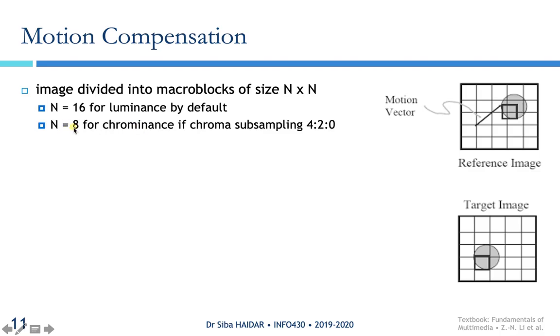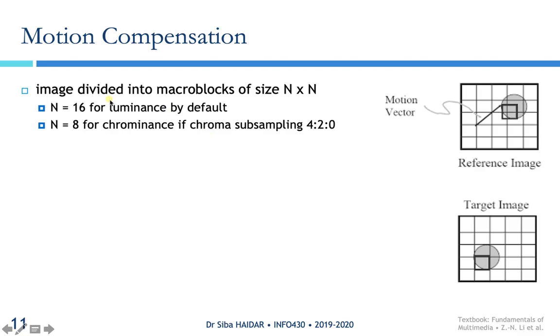Why do we take smaller macro blocks? Because don't forget that we have already applied chroma subsampling, for example 4:2:0. So already the three matrices for each image are not of the same size. The chroma matrices are a quarter the size of the luma matrices.